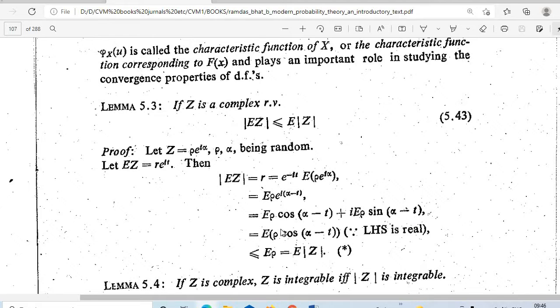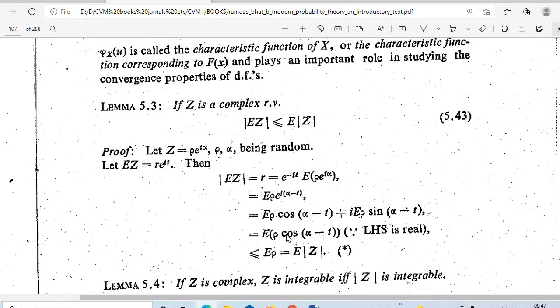Since the left side r is real, we can remove the imaginary part and use only the real part, the expectation of rho cos of alpha minus t.